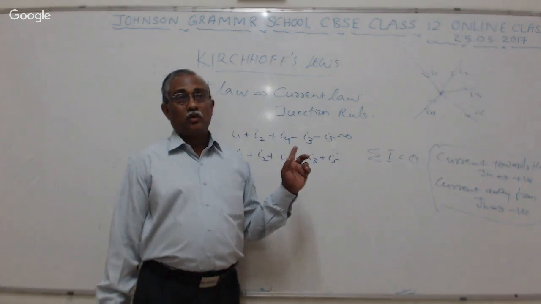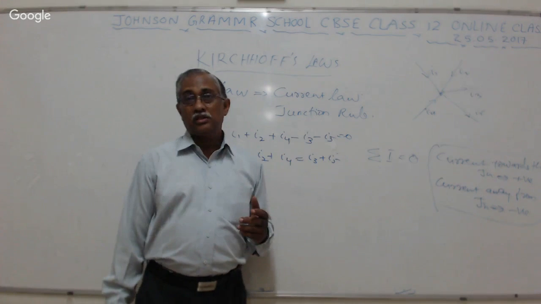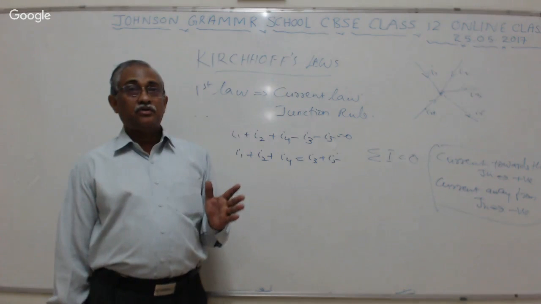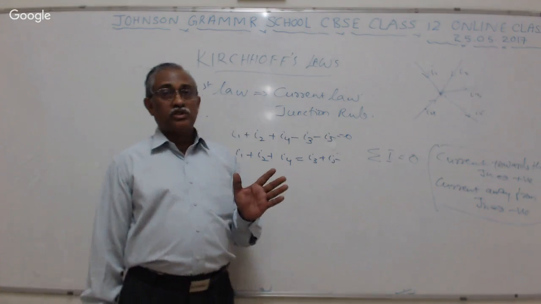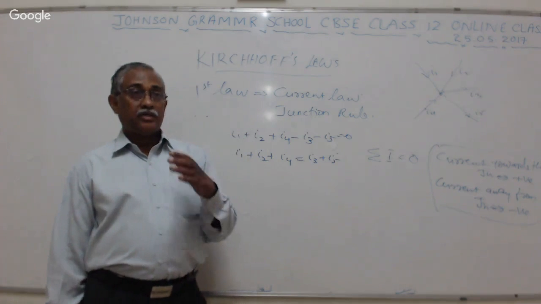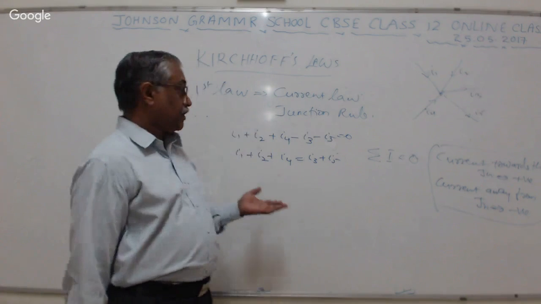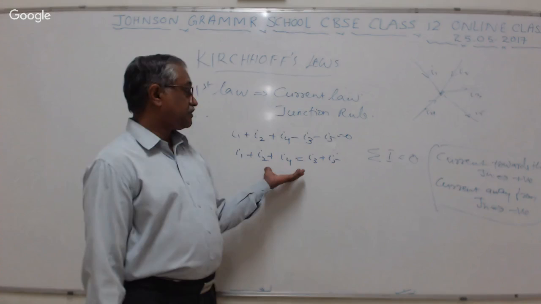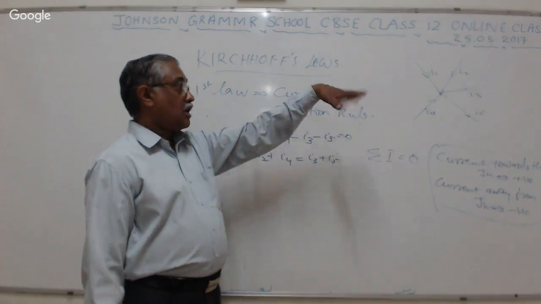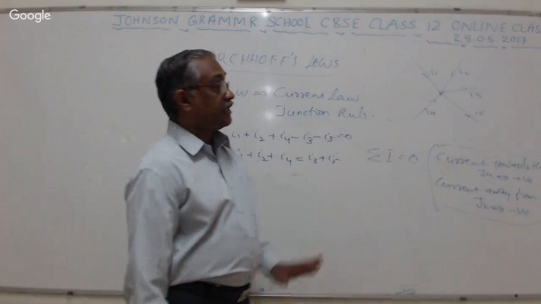This law, the first law or junction rule or current law, is in accordance with the law of conservation of charge, which says that no charge can be created or destroyed, or accumulated at one place. It will either be distributed out or come in. So the total charge coming to the junction is equal to the total charge going out of the junction. No charge is going to stay at a point in a network.